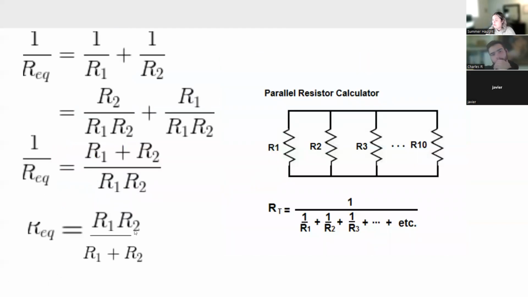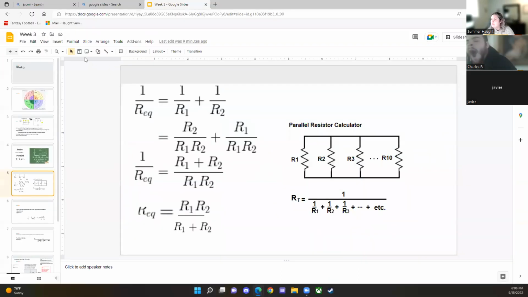I know this slide looks a little overwhelming, but the only two important things you really need to know from the slide are these two equations, which I'm going to highlight. Well, how can I highlight?